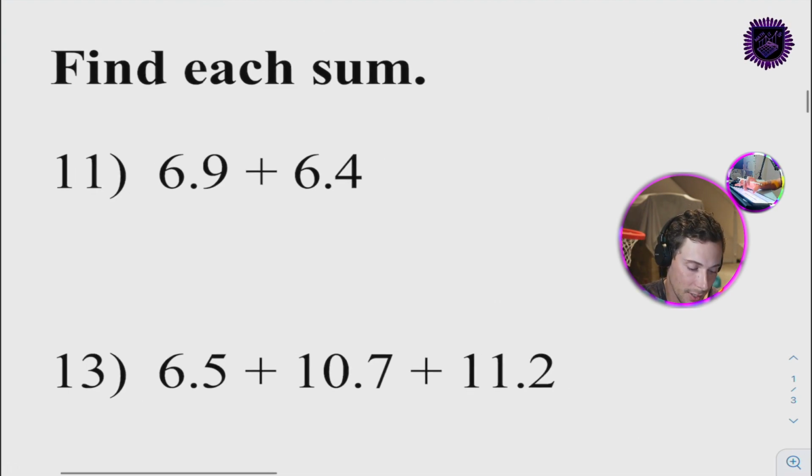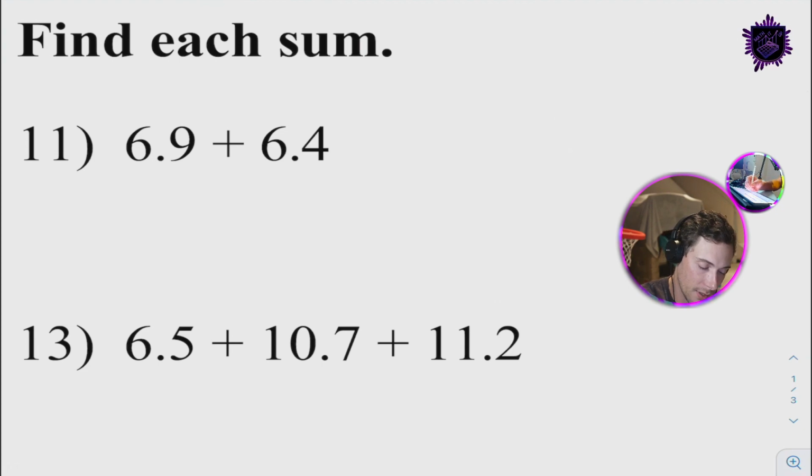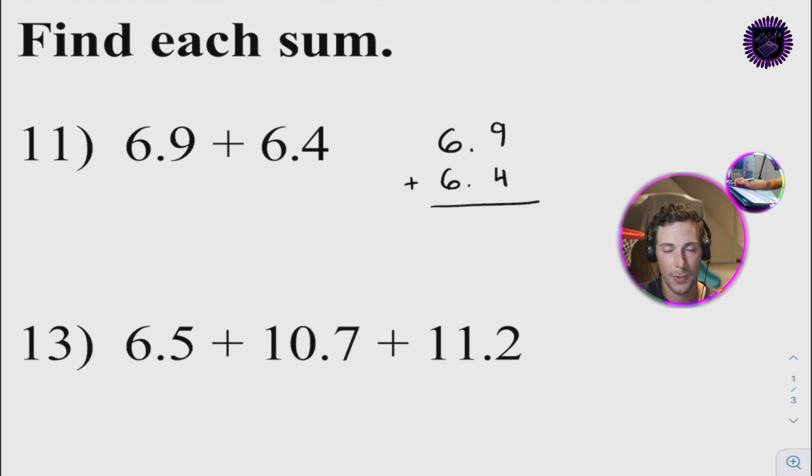So we'll put 6.9 on top, 6.4 on the bottom, and add our addition sign. This is the key right here. This lining up our decimal points. If you don't do that properly, it's not going to work out well. You always want to line up those decimal points.